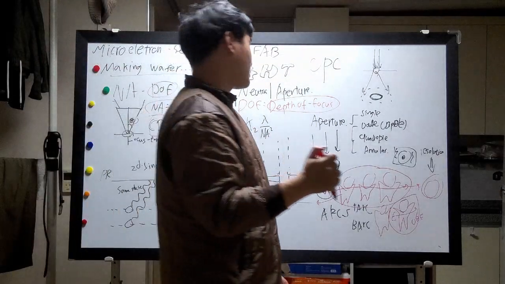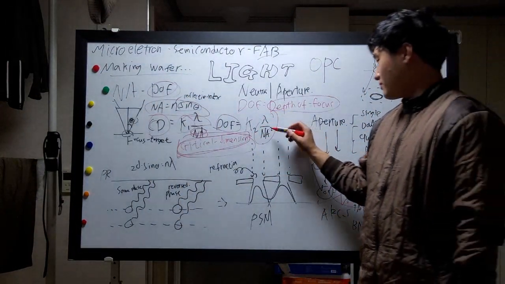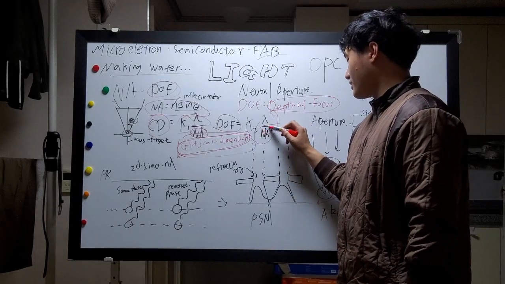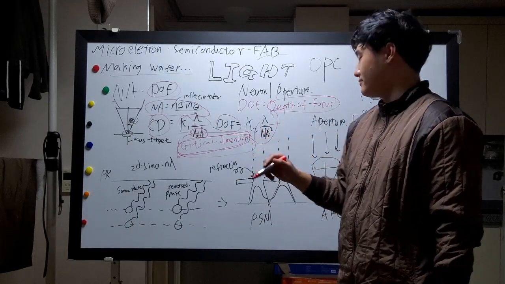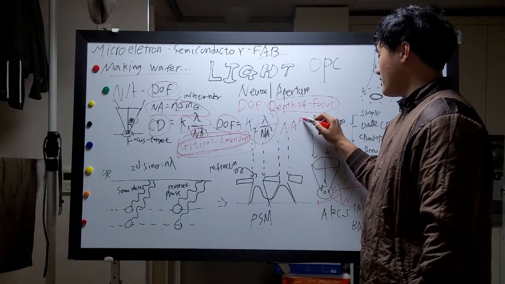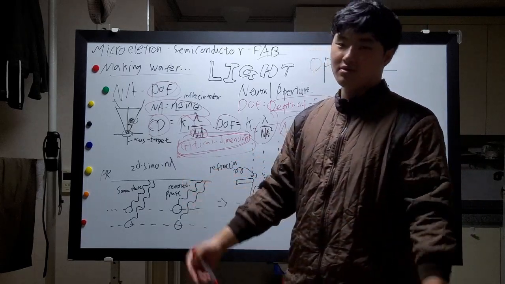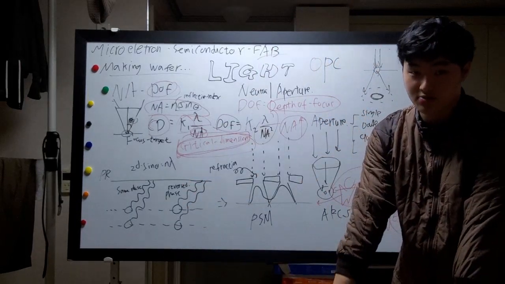And the depth of focus will be K2, which means another process constant, multiplied by lambda over NA squared. Okay, so here is the problem. If NA becomes bigger, then the critical dimension will be smaller.